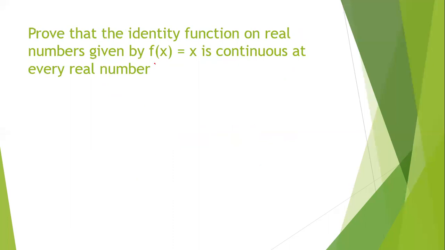Next, if you see, what is this function? This is the identity function, right? Whatever value you take in the domain, you get the same answer. The functional value will also be the same thing. That's what this function says. So if I take the function at a point c, what do I get?